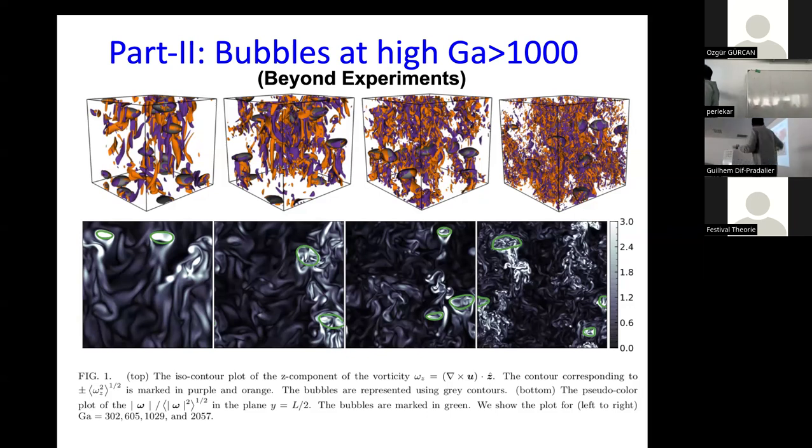So Vikas did that, and we kept cranking up the Galilei number, and eventually you get to a state which looks very much like turbulence. Then you ask what to expect for the spectrum now. Do I expect -3 all the way, or does a 5/3 scaling appear?